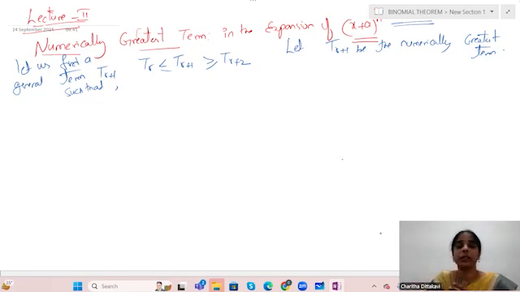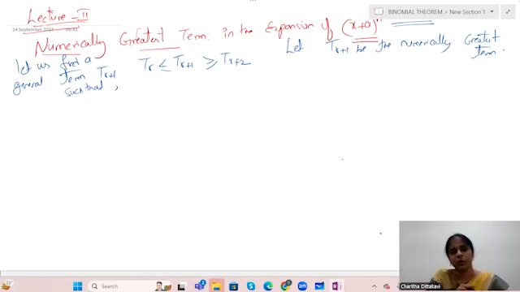Even the last but one term can be the numerically greatest term. So (x plus a) whole to the power n has how many terms? We have n plus 1 terms. Out of the whole n plus 1 terms, there might be some numerically greatest term.